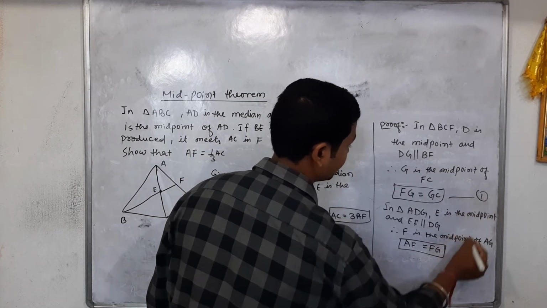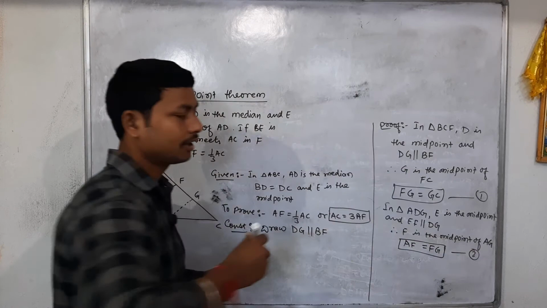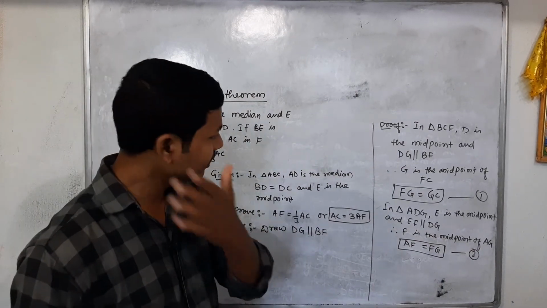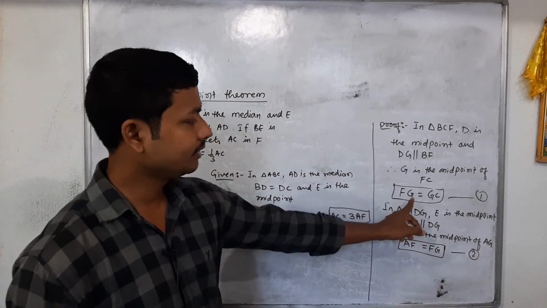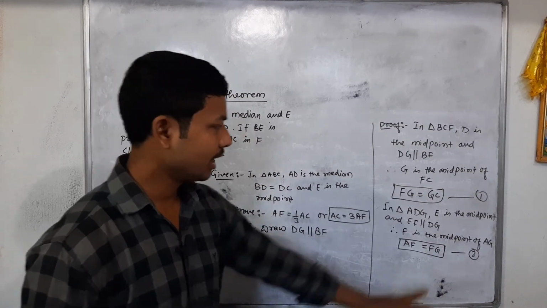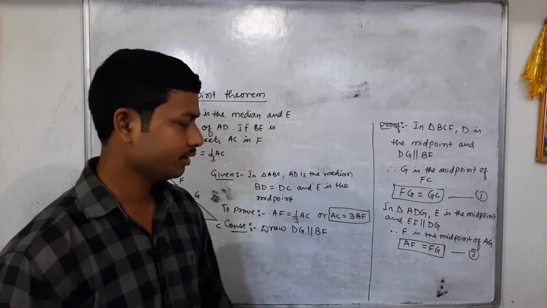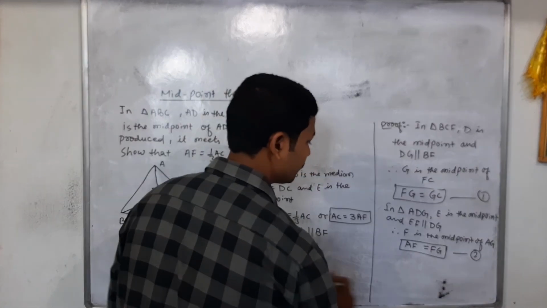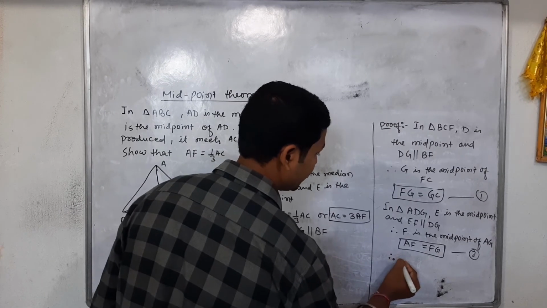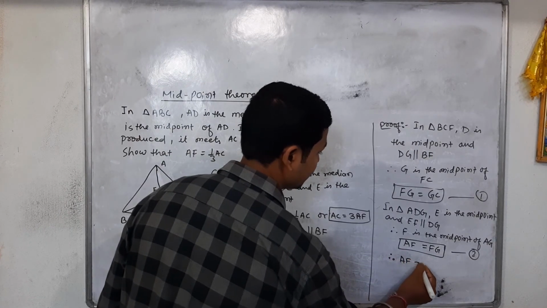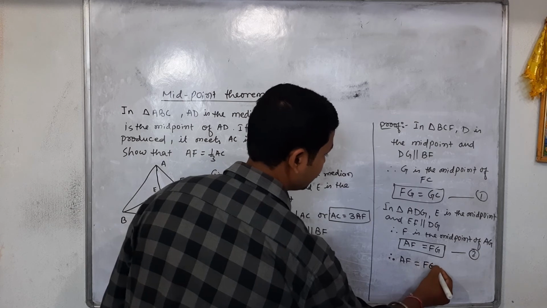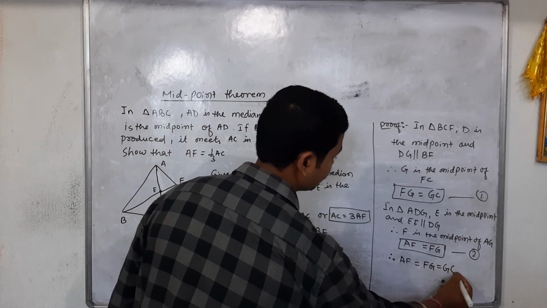See, we have equation 1 and equation 2. From equation 1 and equation 2, FG is equal to GC and FG is equal to AF. Therefore, we can write AF is equal to FG is equal to GC.